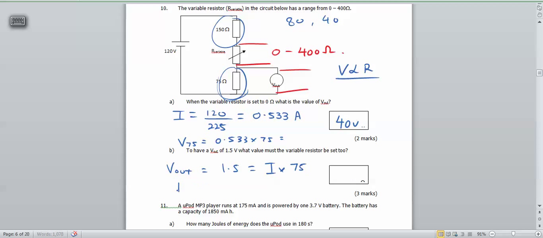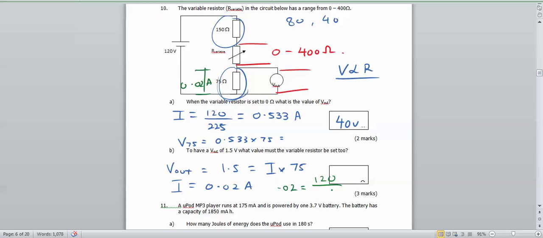We know the total current is through there. So what value must the variable resistor be? Well, I is equal to V over R.